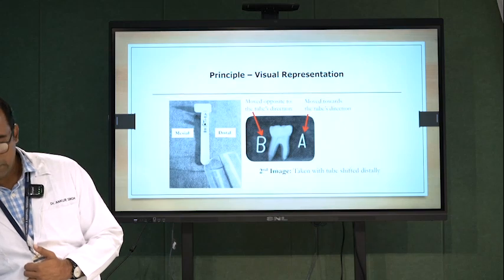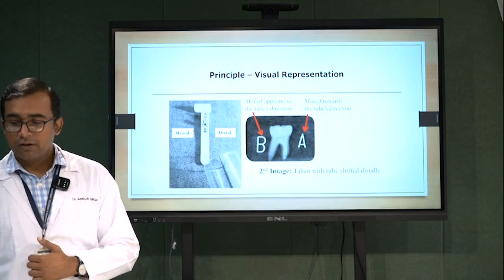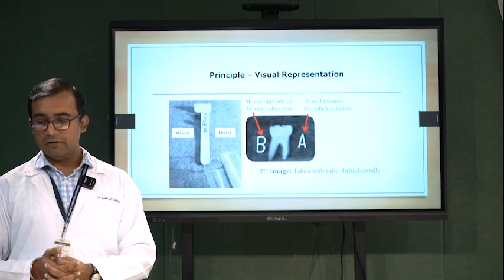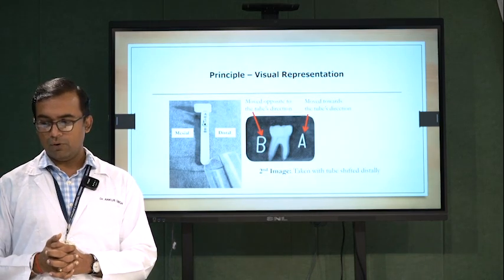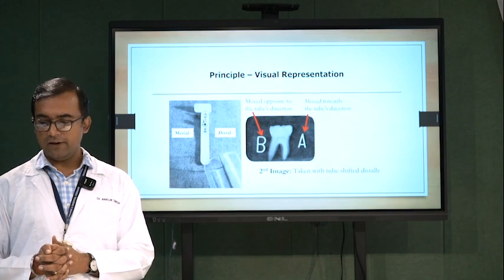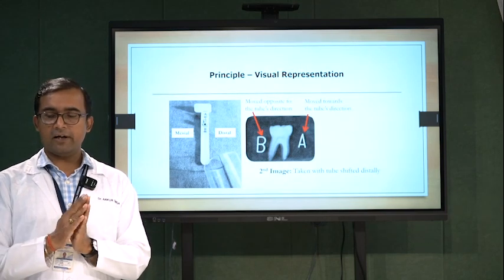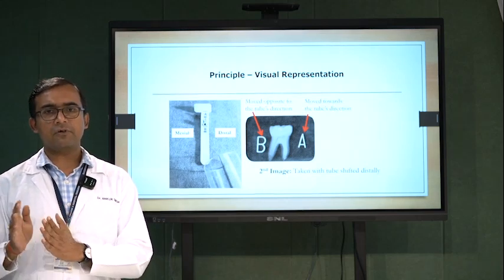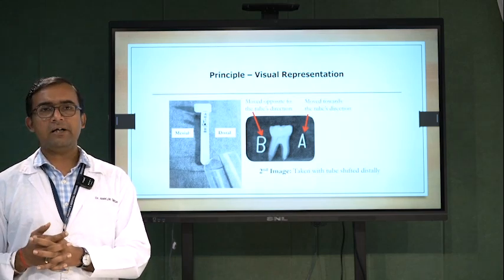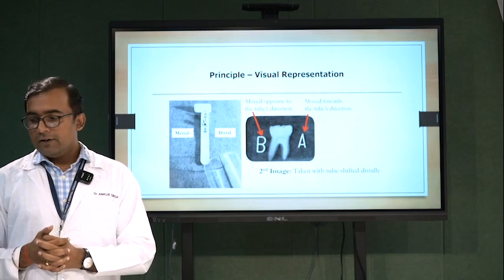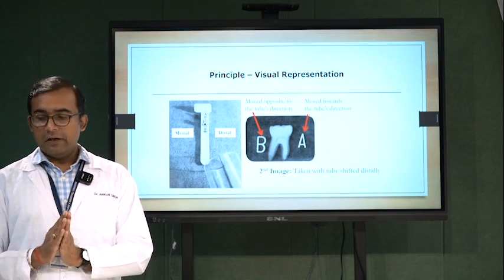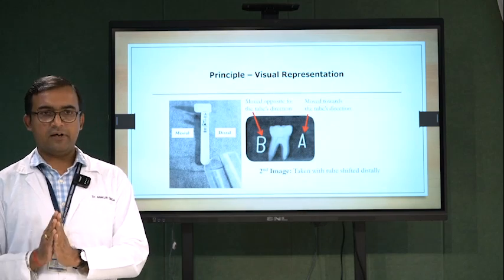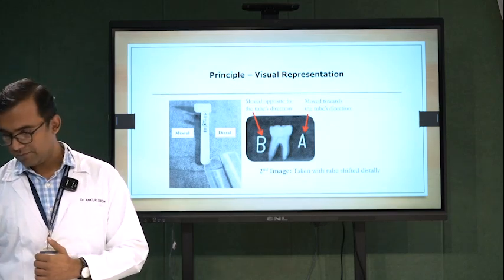By distally shifting the tube, we get an image where object A and object B have shifted in two different directions. A has shifted in the direction of the tube movement and B in the opposite direction. Yet we can't say whether A is lingual or B is lingual, but they have both shifted in opposite directions.